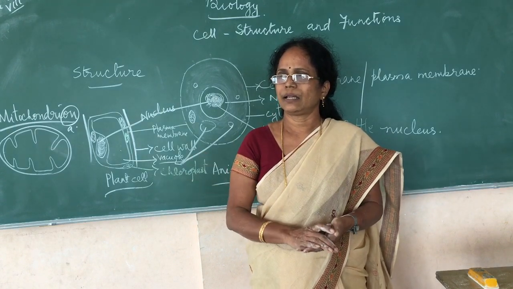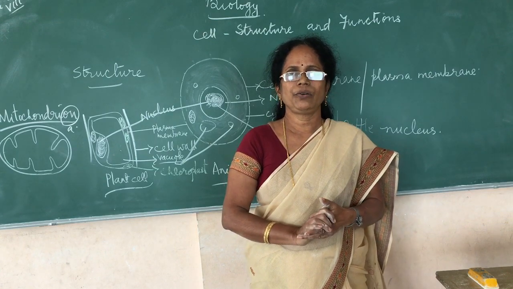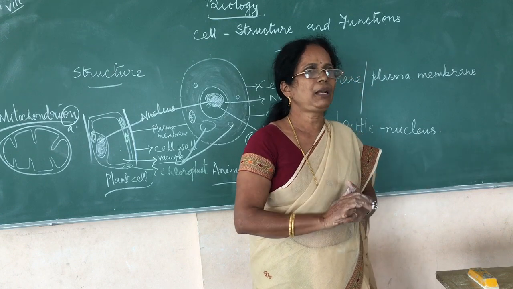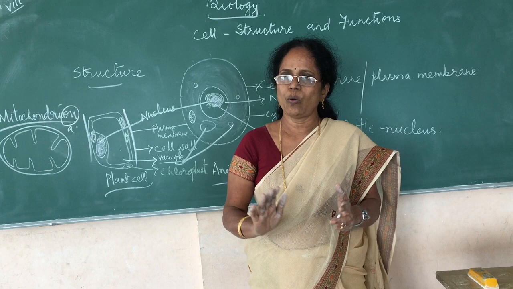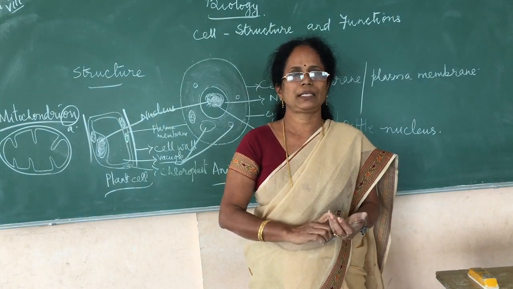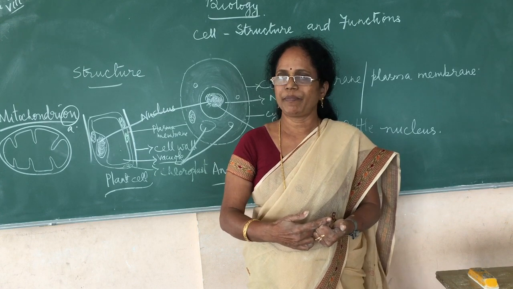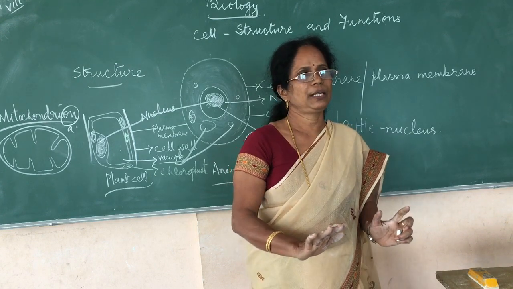Parts given. What you have to do is, you can either copy all the parts, you can label, or label only a few parts. Chloroplast, nucleus, cytoplasm, cell membrane, nucleolus. That is enough for you all.